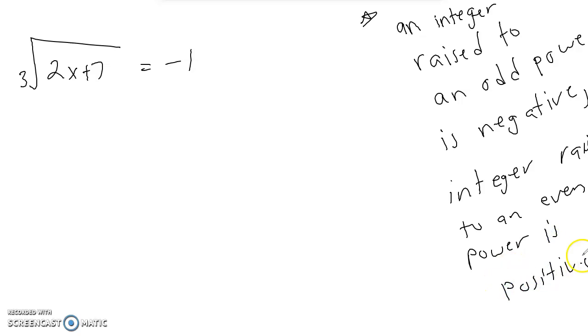So whenever we raise an integer to an odd power, it's always going to be negative, and whenever we raise an integer to an even power, it's always going to be positive.